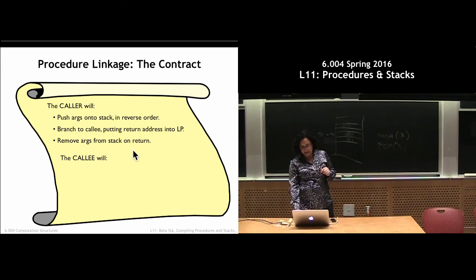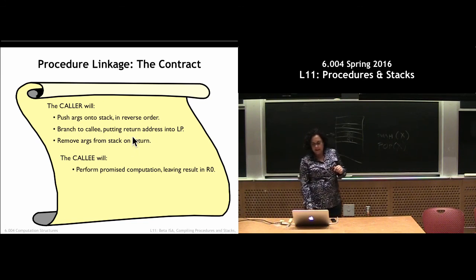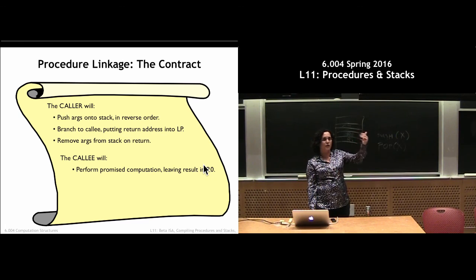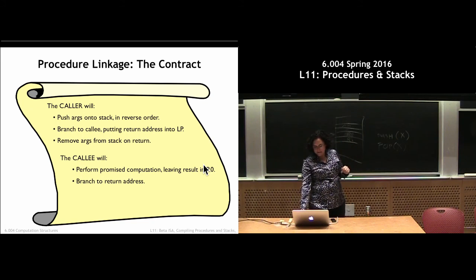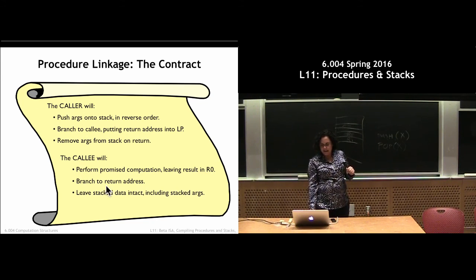On the callee side, we're going to have it perform whatever computation it needs to perform for the execution of that procedure, and the expectation is that the result is going to be put into R0 so that the caller knows where to look for it. It then branches to the return address, and it needs to also make sure that it's leaving the stack intact.